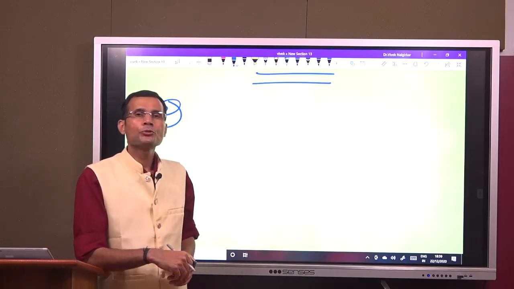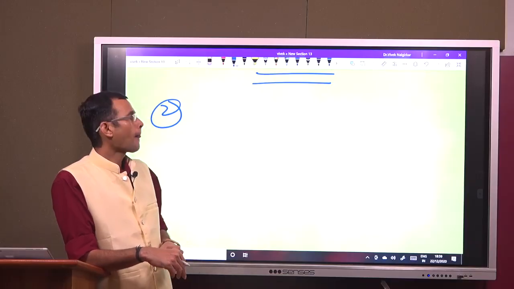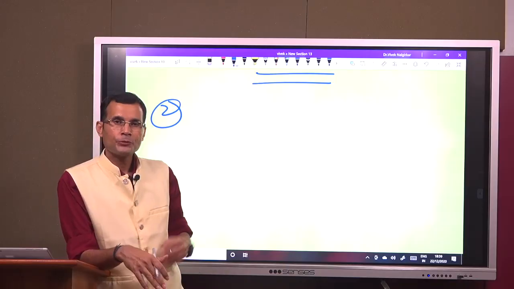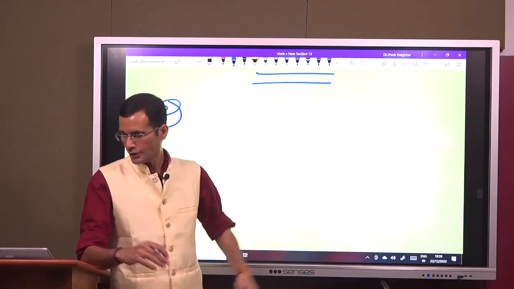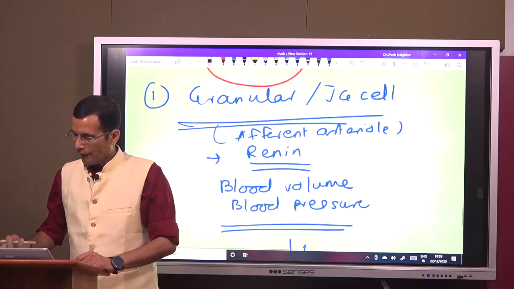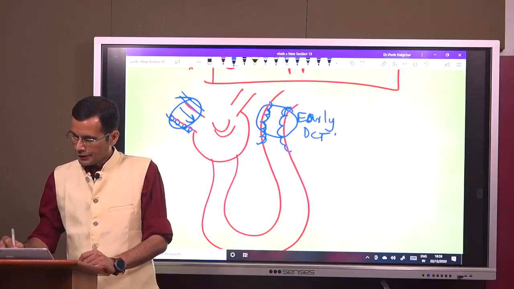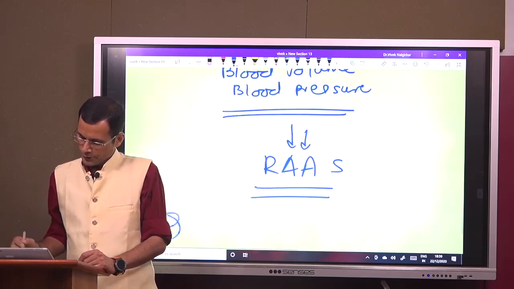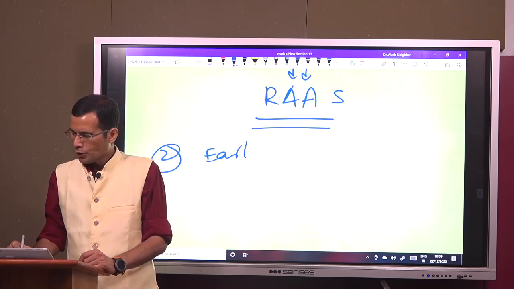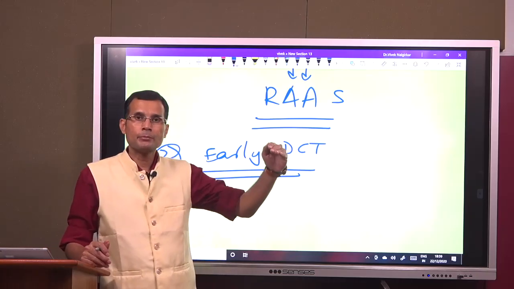I would urge you to refer to the chapter on CVS, regulation of blood pressure, so that you can correlate this renin, angiotensin, aldosterone system. Second cell is the cell lining the early DCT. Many authors believe that it is in the later part of the thick ascending limb.